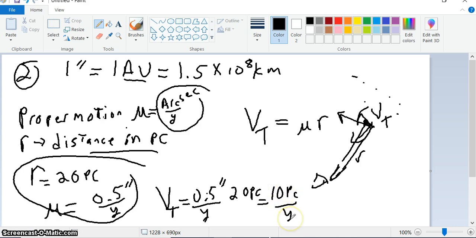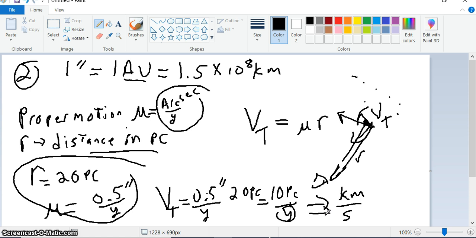But the ultimate thing is to convert that to kilometers per second. That's really what we're looking for. Now this just becomes a conversion process. You can convert years to seconds, and then how do we convert parsecs to kilometers?